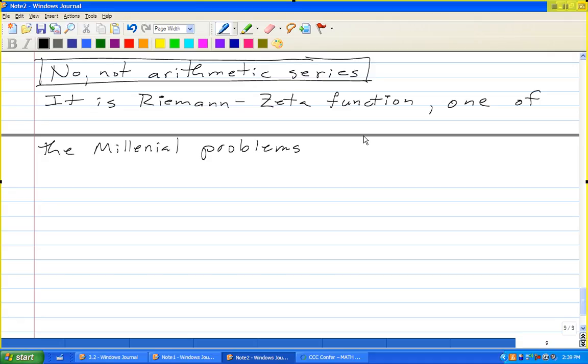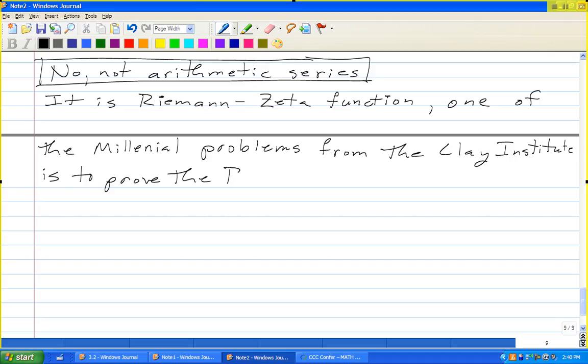So one of these problems from the Clay Institute is to prove the Riemann hypothesis.